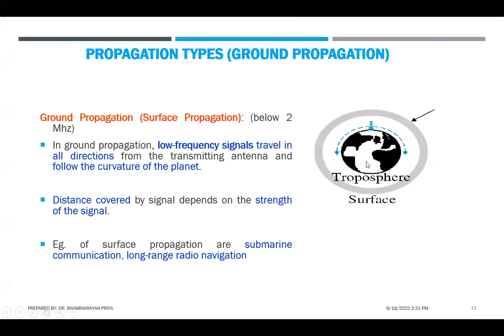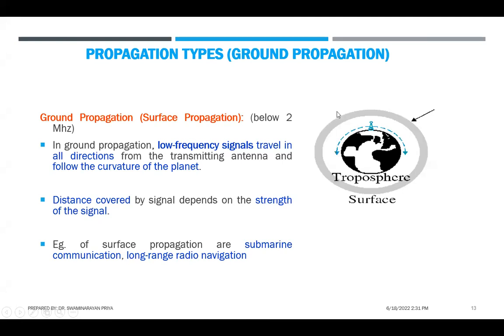Here you can see this is one of the towers, a sending antenna, and this antenna generates a low frequency signal. Whenever we generate a low frequency signal, the signals are omnidirectional. That means they are transmitted in all directions, and these signals always follow the curvature of the earth.